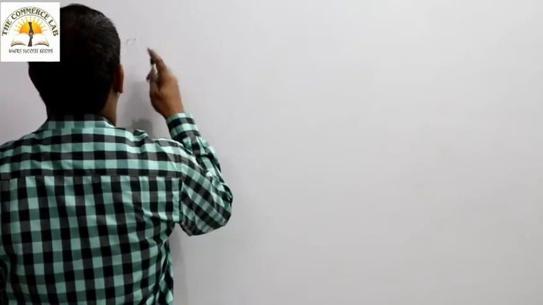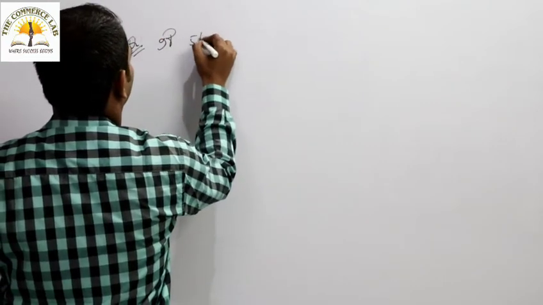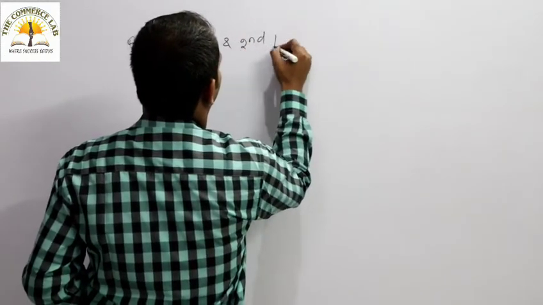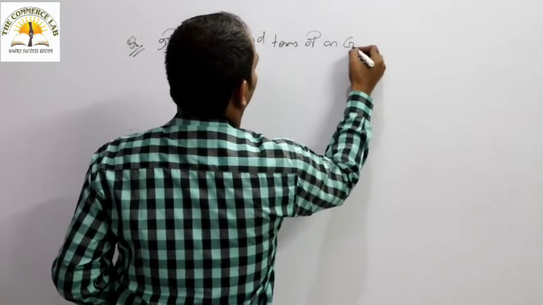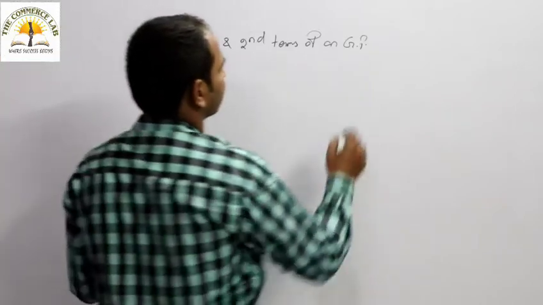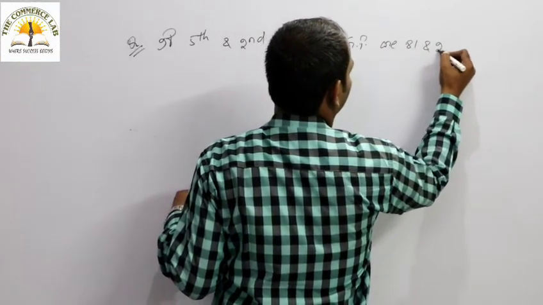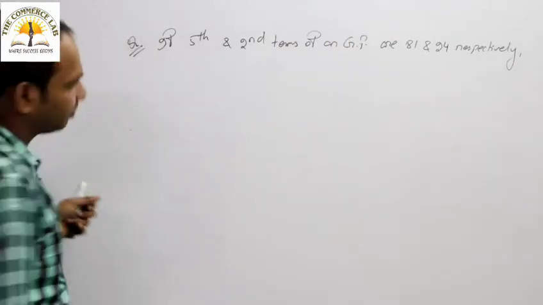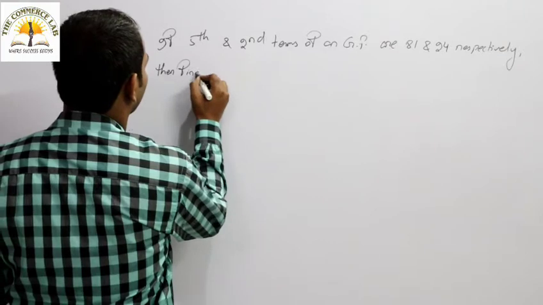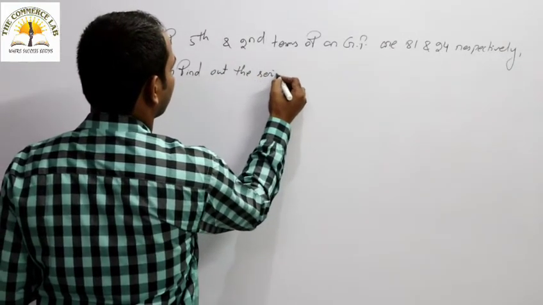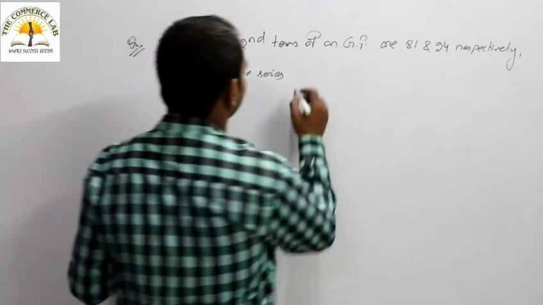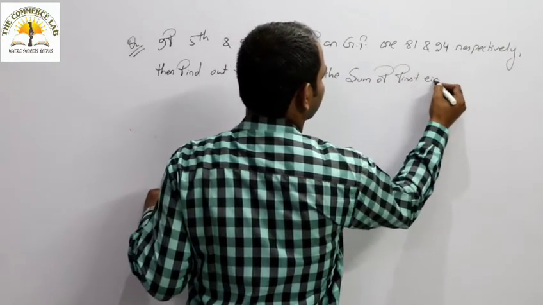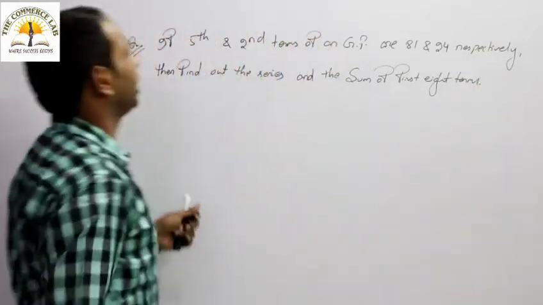If fifth and second terms of a GP are 81 and 24 respectively, then find out the series and the sum of first 8 terms.